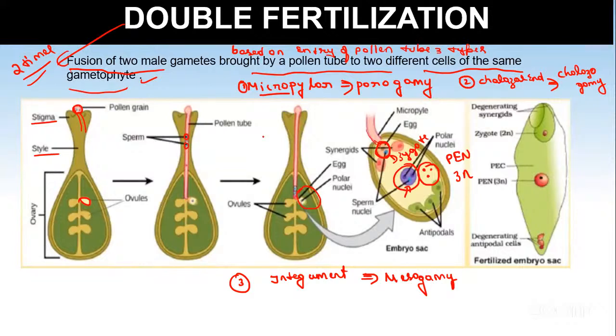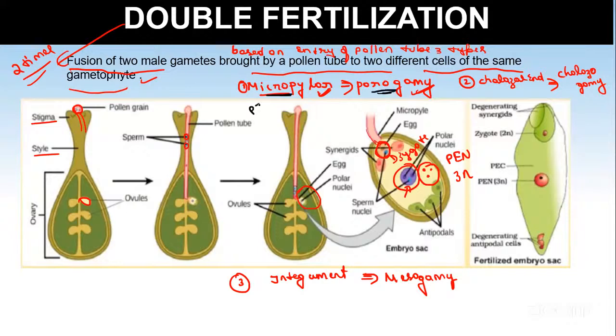If the pollen tube is entering through the micropylar end, it is called porogamy. Kindly make a note of this.